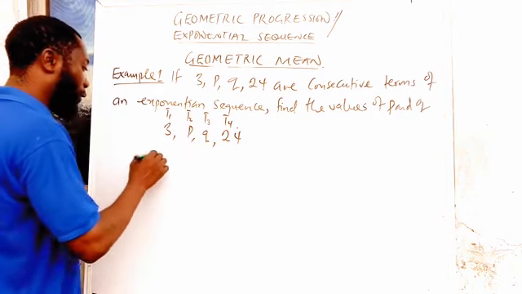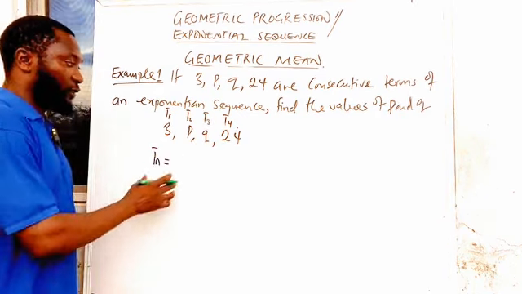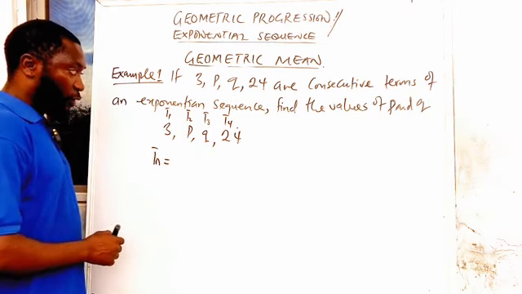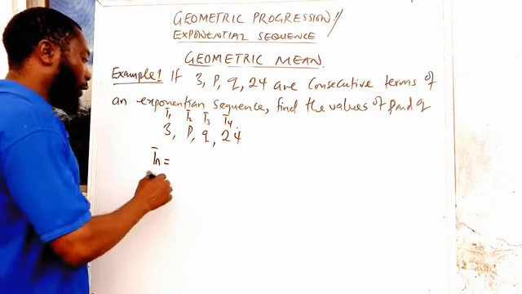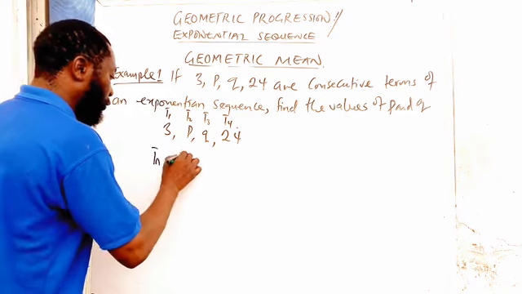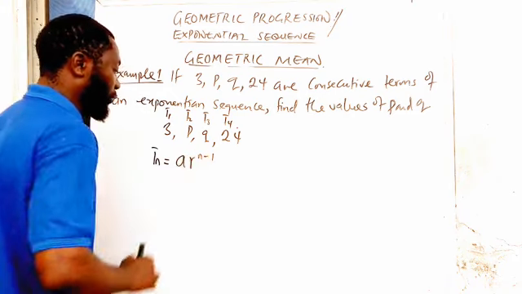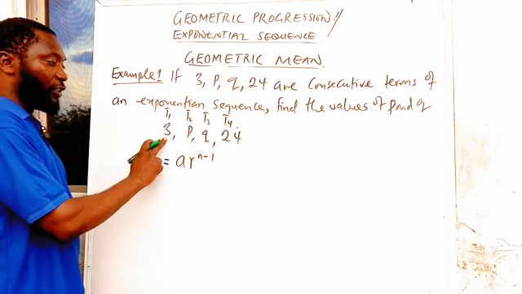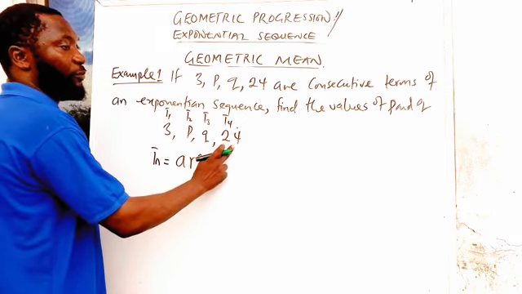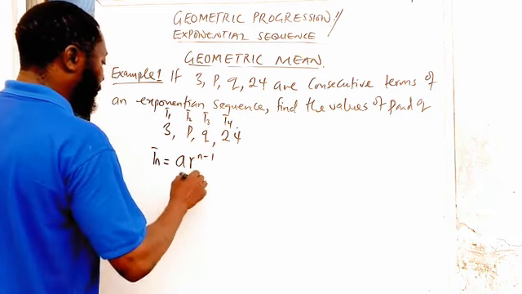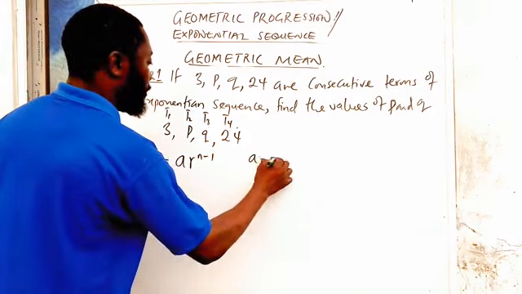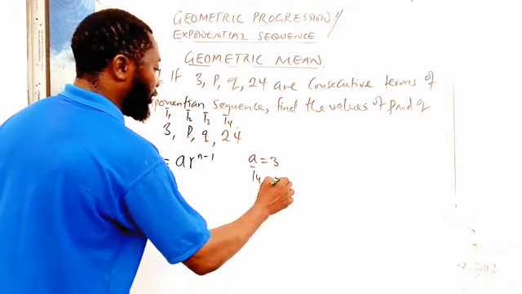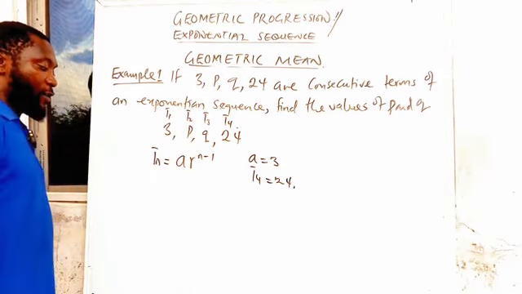Since these are the terms of a geometric sequence, our Tn by definition equals a r raised to the power of n minus 1. Our first term a equals 3, and the fourth term T4 equals 24.